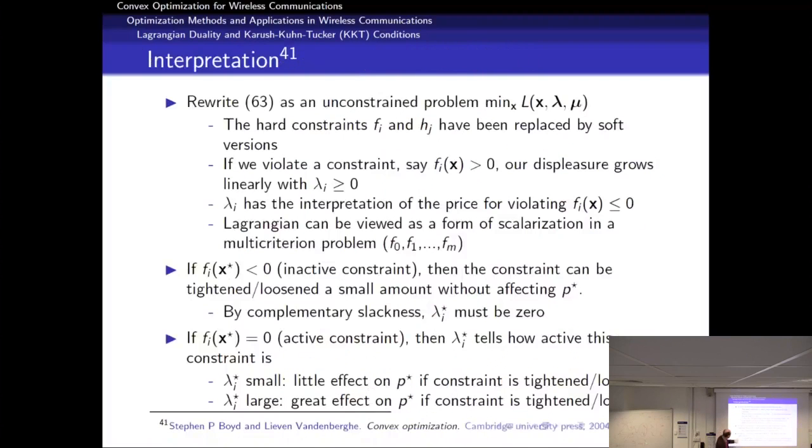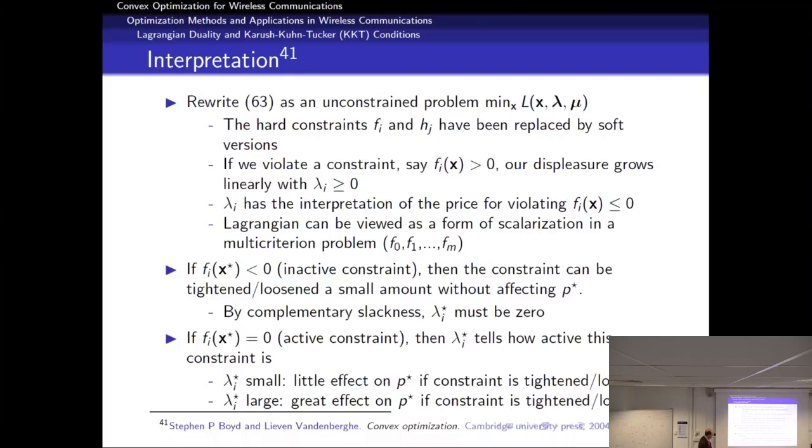And then you have the opposite. If you have an active constraint at optimality, then your lambda will have to be non-zero, strictly larger than 0. If your lambda is small, and you tighten the constraint a little bit, it will have little influence on P star.